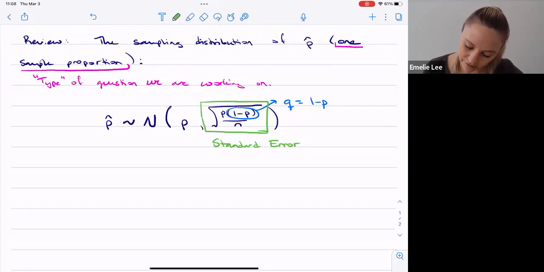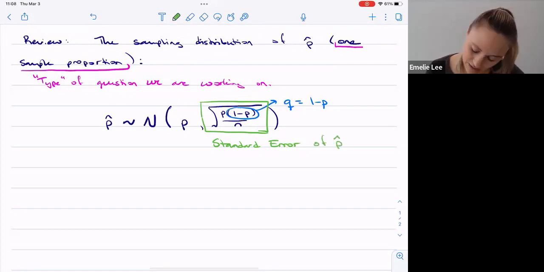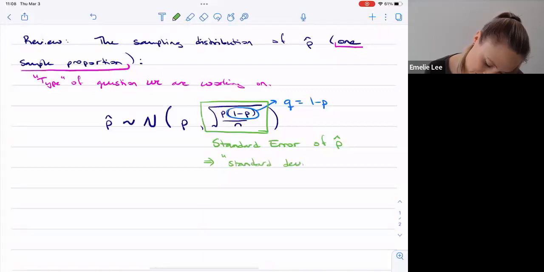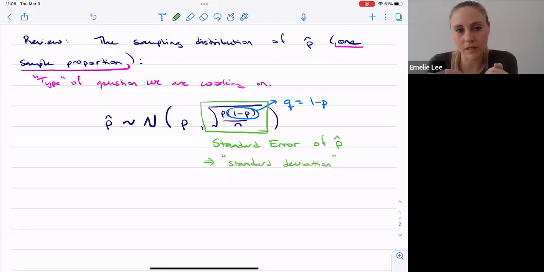So the standard error of p hat, which is basically the standard deviation, but standard deviation is specific to one observation, so we can't use it. So we had to develop some slightly different terminology, but they behave the same way, right? It tells us the spread of the distribution, and so then we can just use that, right?